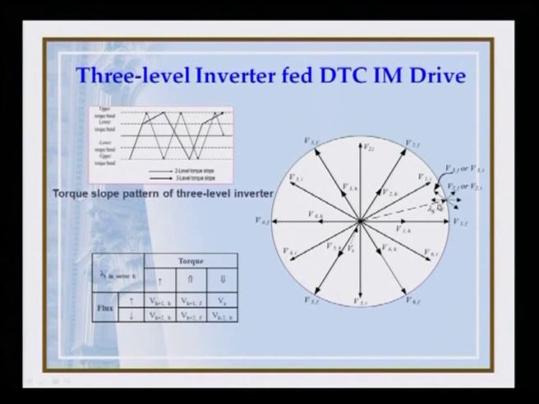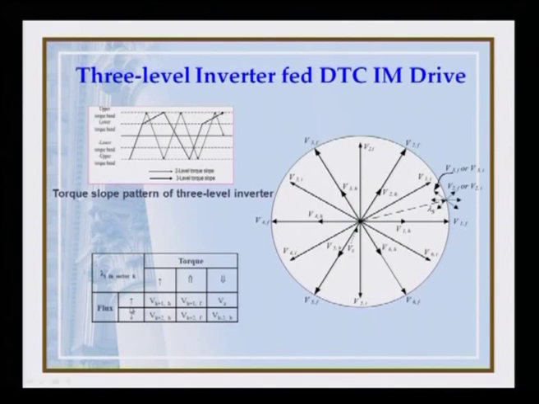So, if it is in sector K, when we want to increase the flux and increase the torque, the torque can be increased or increased by more. When you have a small arrow here, it is just an increase, and when you have a large arrow, it is a larger increase.